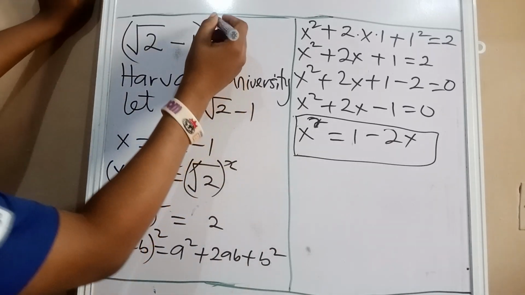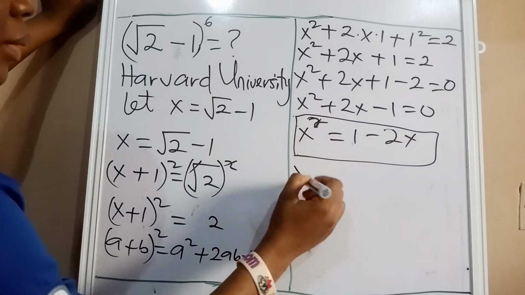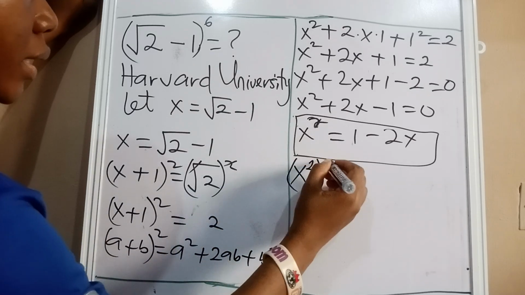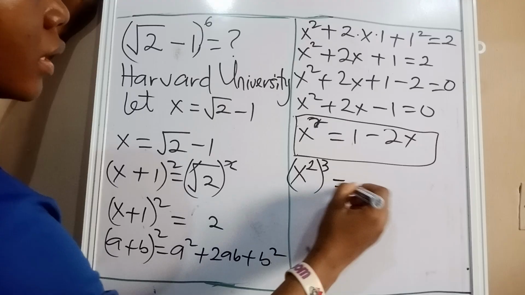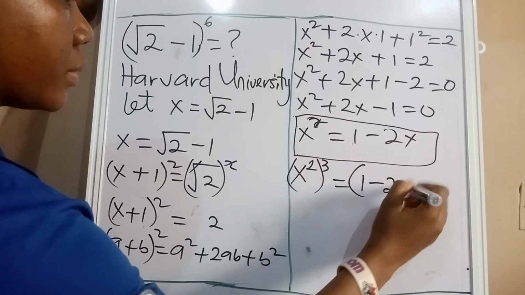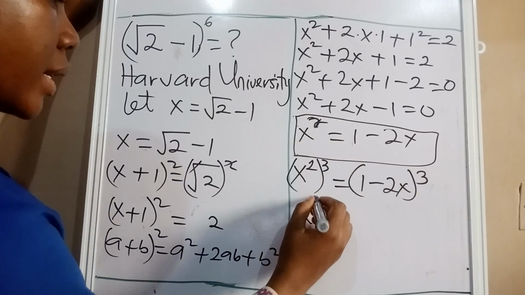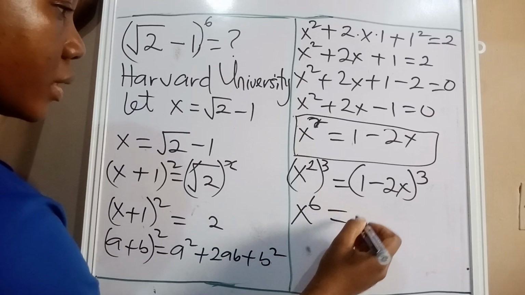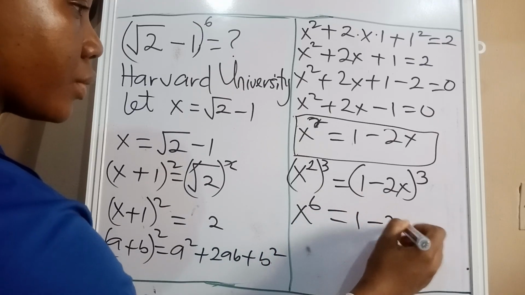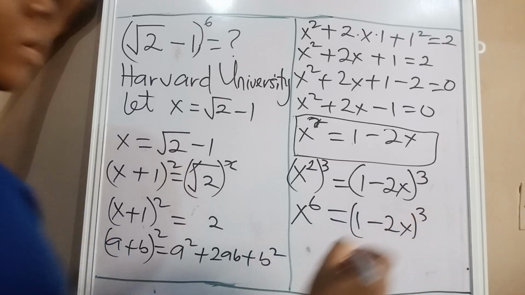So remember we're dealing with a power of 6. What we're going to do is multiply this power by 3, and do the same for the other side, so that we have x to the power of 6 and then (1 minus 2x) all to the power of 3.